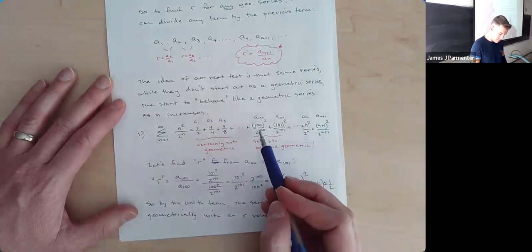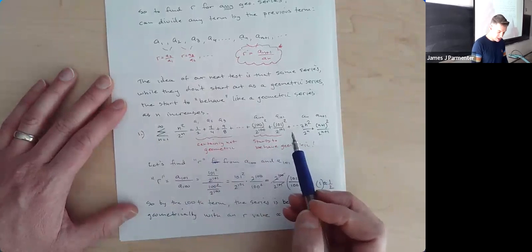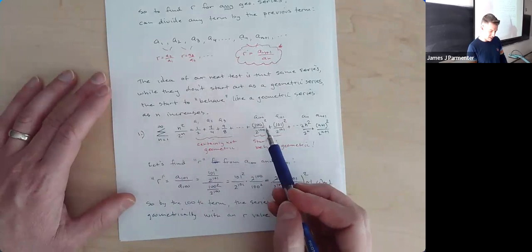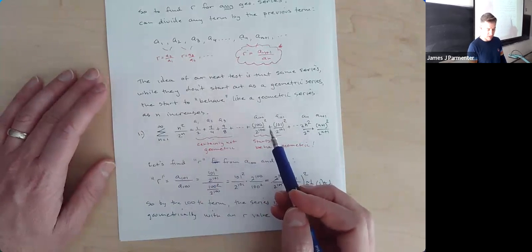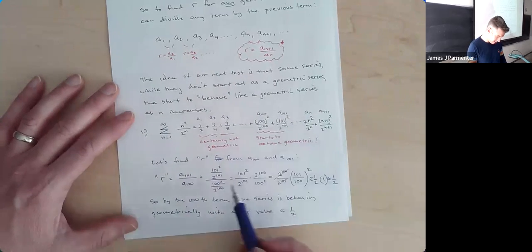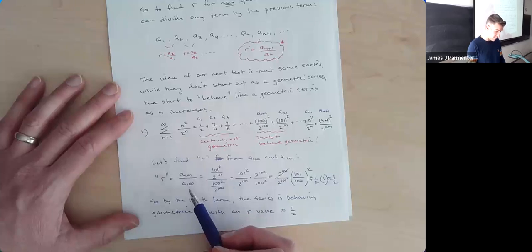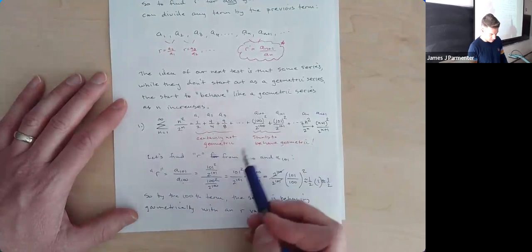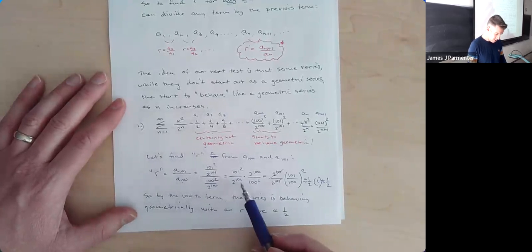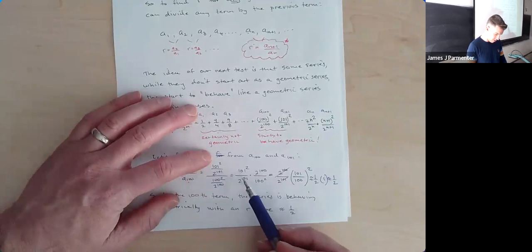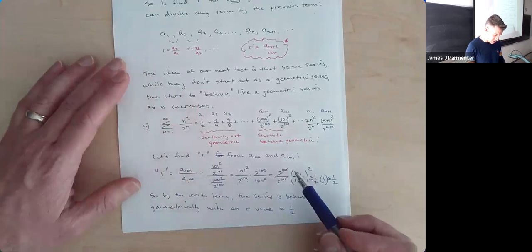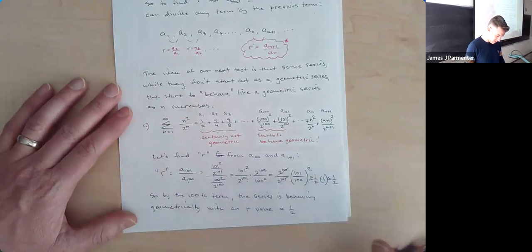If you go from this term to the next term, you're essentially multiplying by 1/2. Yes, the top is getting slightly bigger, but not by a lot. If you look at the 101st term over the 100th term, you get 101 squared over 2 to the 101 over 100 squared over 2 to the 100, which simplifies as 101 squared over 2 to the 101 times 2 to the 100 over 100 squared, and 2 to the 100 over 2 to the 101, right?